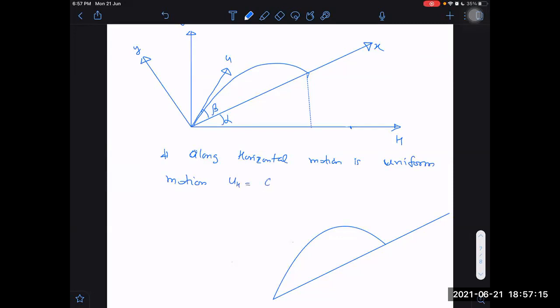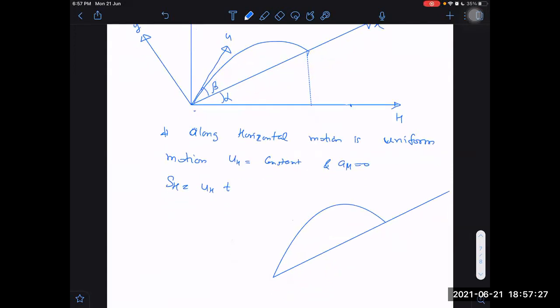UH will remain constant and AH will remain 0. Therefore, SH will be equal to just UH into T. Right or not? Yes, sir. What will be the horizontal range? Horizontal range will be UH into the time of flight.